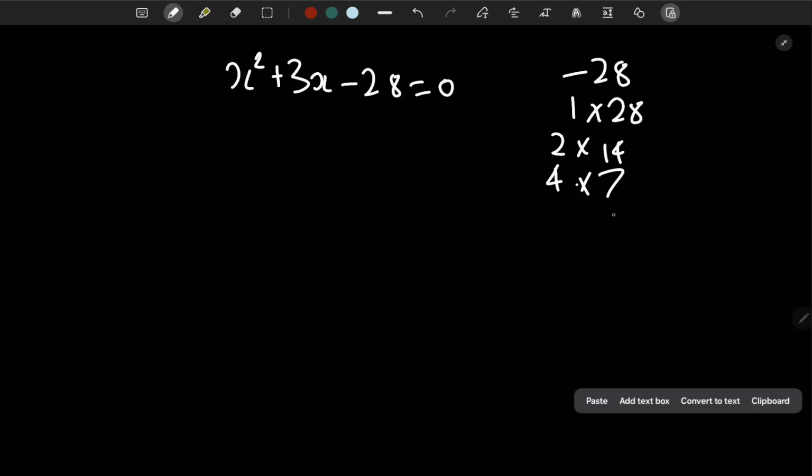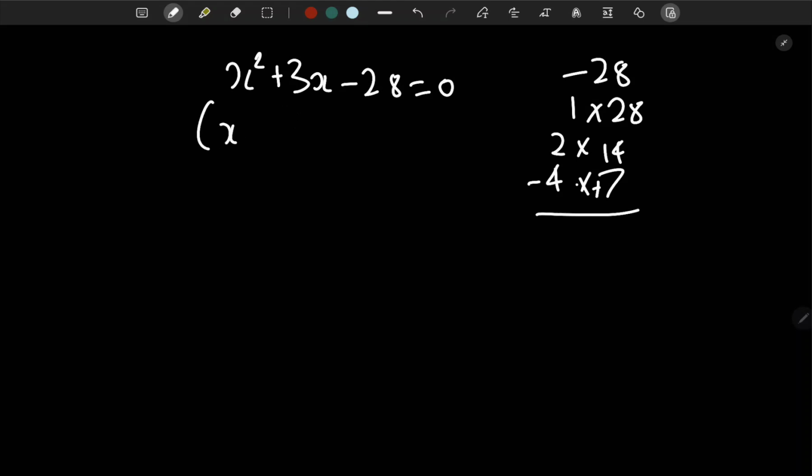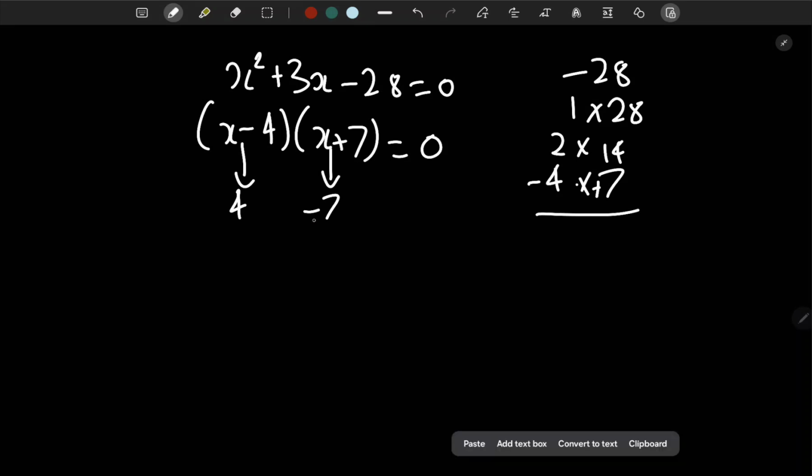We realize that if we do minus 4 multiplied by positive 7, that gives you minus 28, and the difference of 7 minus 4 is 3. So we know our factors now. It becomes (x − 4)(x + 7) = 0. Again the same step: equate this to 0, you get x = 4, and equate the other to 0, you get x = −7. So x is either 4 or −7.